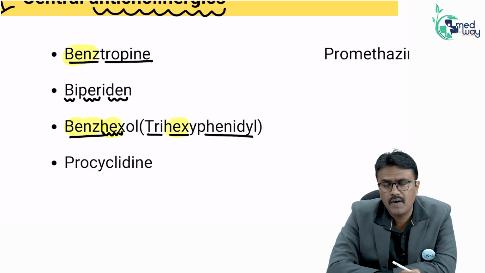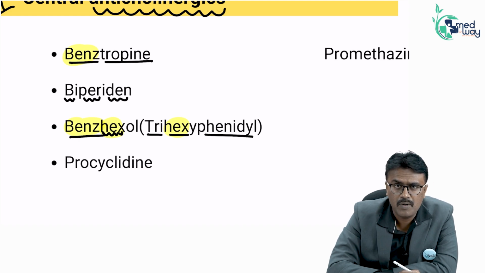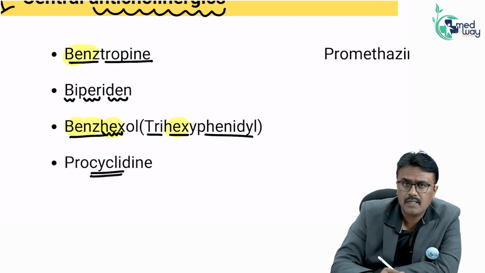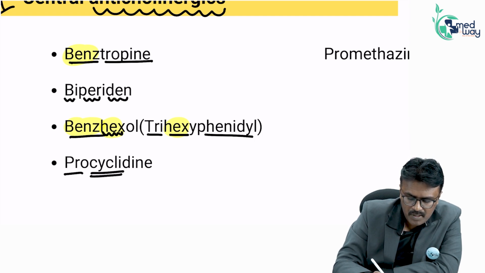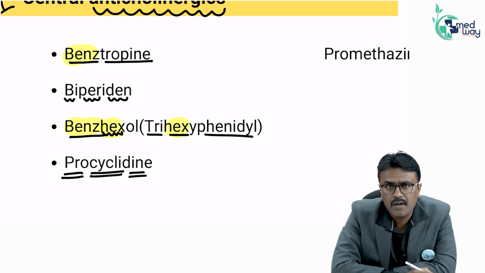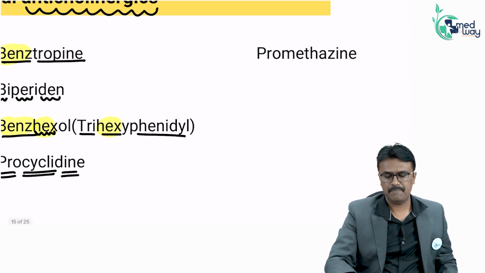Every day you can take it. Biperiden. And if you are bored with benz, you can take the cycle. You can take the cycle to the office. That is called procyclidine. Take it every day. If you are bored with biperiden, procyclidine. Okay, so please remember that.